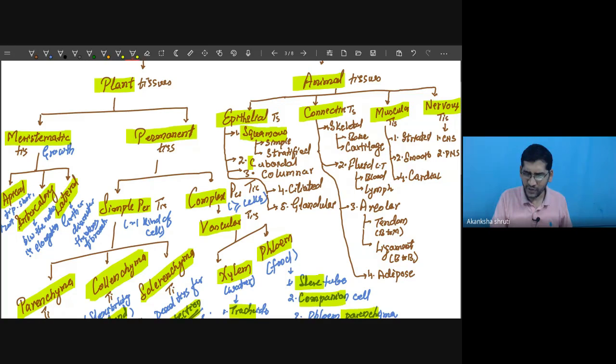Next, sometimes these are of cuboidal shape. It is called cuboidal epithelial. It may be of longer tissues connected to form bigger tissues, columnar. It may have a rough surface with finger-like projections, called ciliated, like our intestine is ciliated. The glands have their specific kind of tissues called glandular tissues, where thin ducts are there.